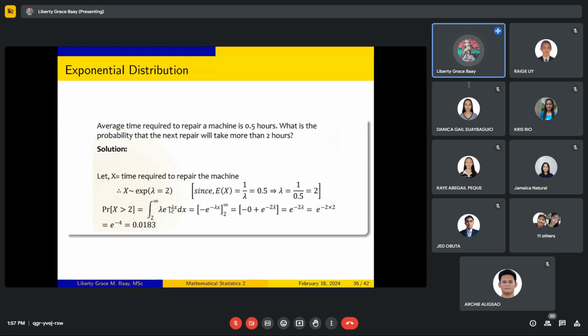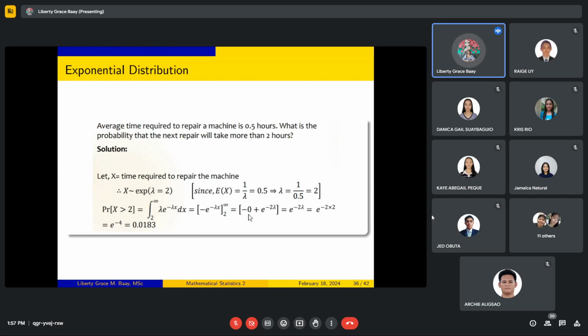Let u be equal to negative lambda x, since lambda is a constant, so du is equal to negative lambda dx. Solving that, we get negative e to the negative lambda x, and the integral is from 2 to infinity.